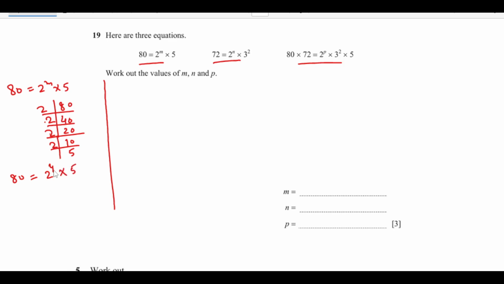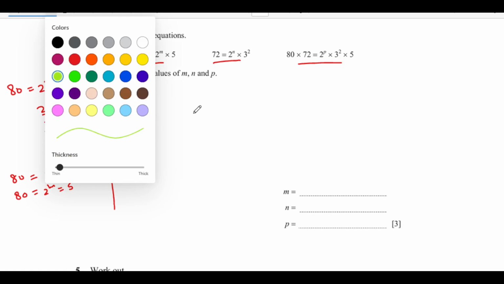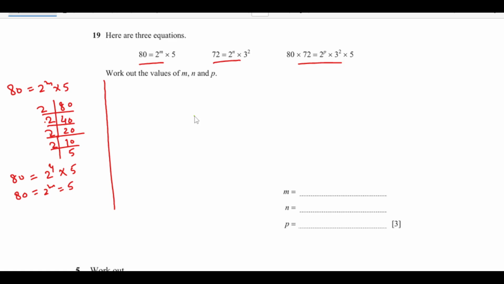And we are given that 2 power m times 5. So if you compare here, m is going to be equal to 4. So m is 4. Okay.